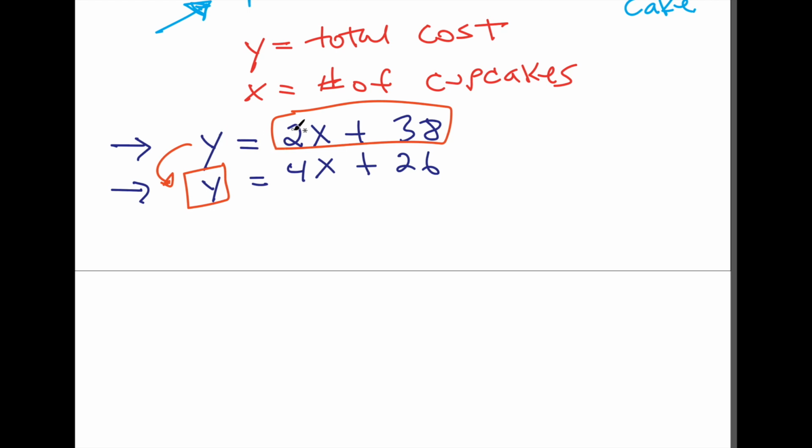So the y value in the top needs to be the same as the y value in the bottom. Therefore, I can swap the top value for the variable on the left and the bottom.